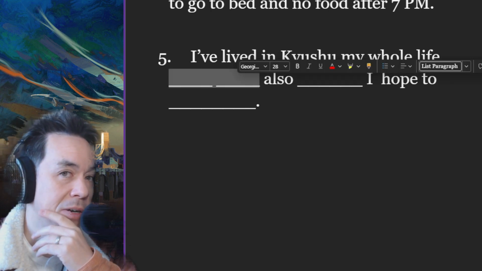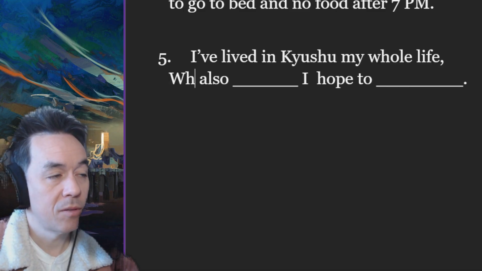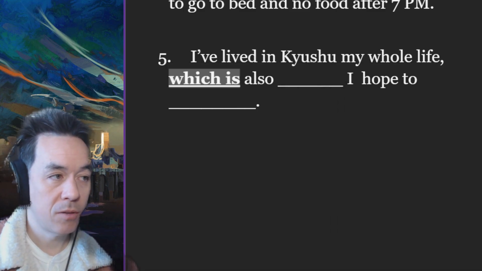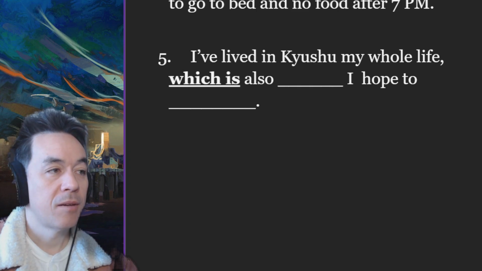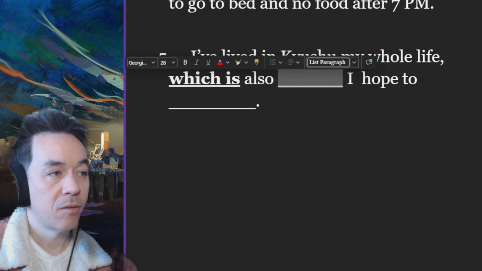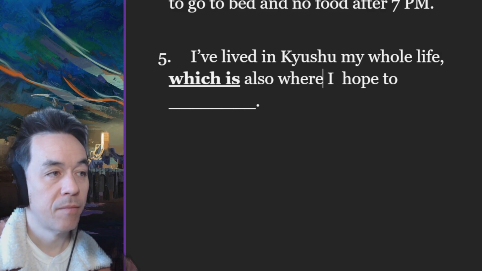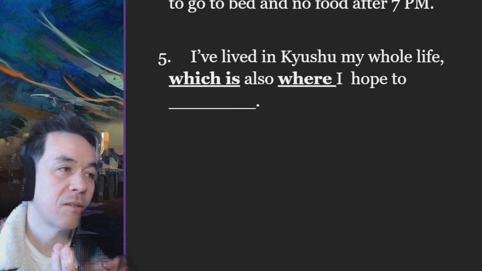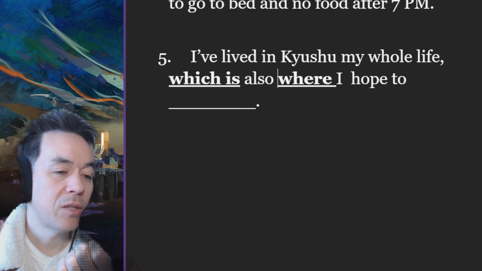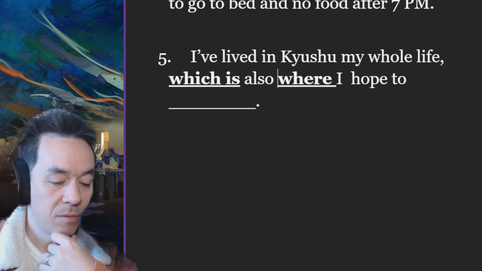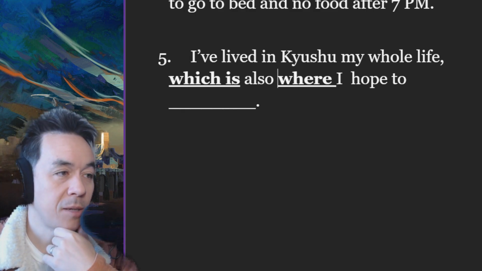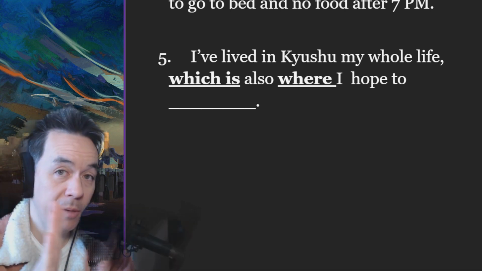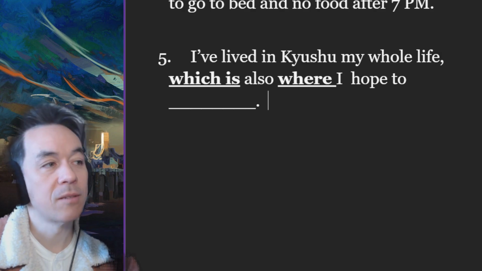Kyushu, southern island of Japan. So, Kyushu also, which is also where. So, I've put this also in here. Because, yeah, which is also where, which is suddenly who, which is sometimes what. So we can put an adverb in between this phrase.